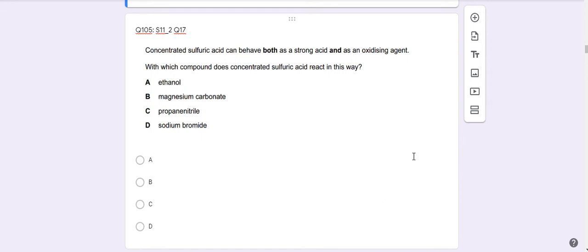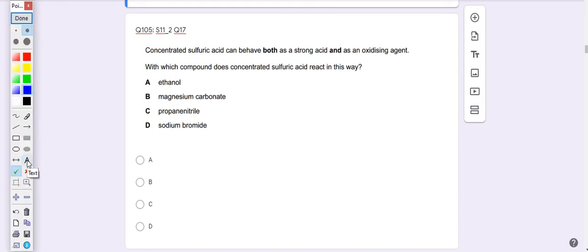Now, if we react ethanol with concentrated sulfuric acid, ethanol will undergo a dehydration reaction. So in this case, concentrated sulfuric acid is an acid and also a dehydrating agent.